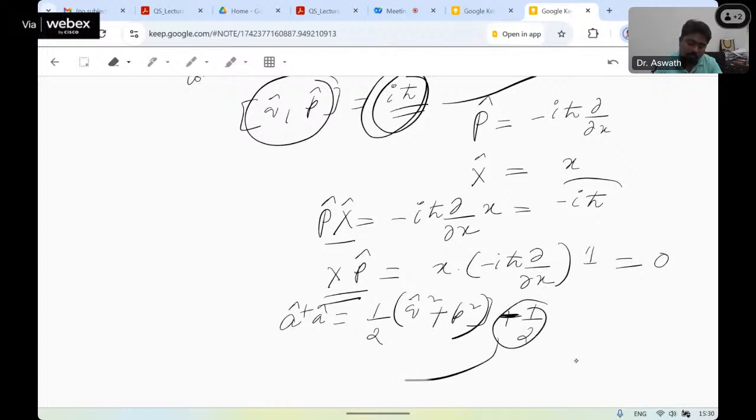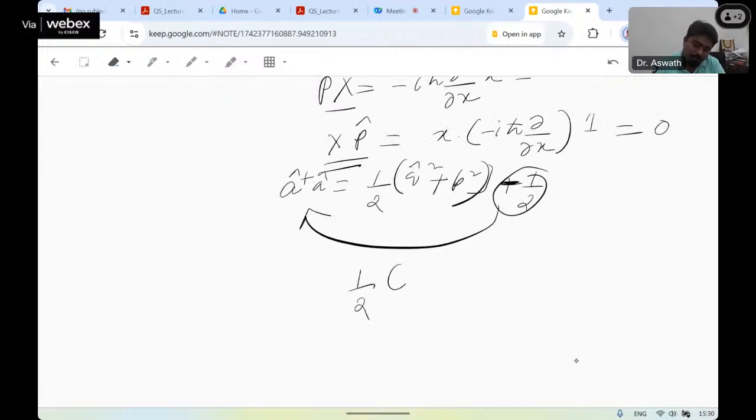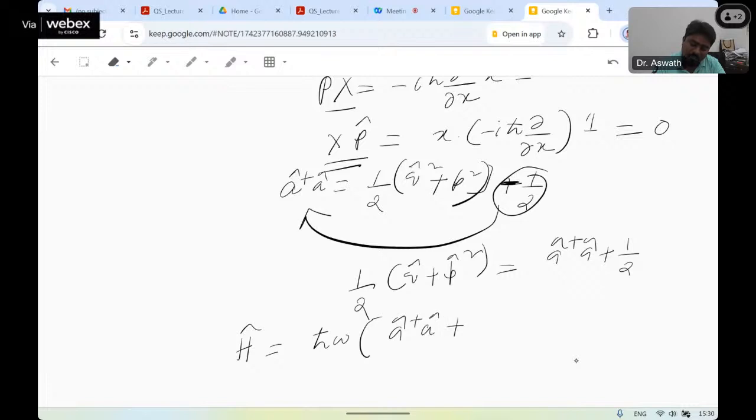Sending this minus 1 by 2 to the left, half (q square plus p square) is equal to a dagger a plus half. That means the Hamiltonian becomes h omega (a dagger a plus half).